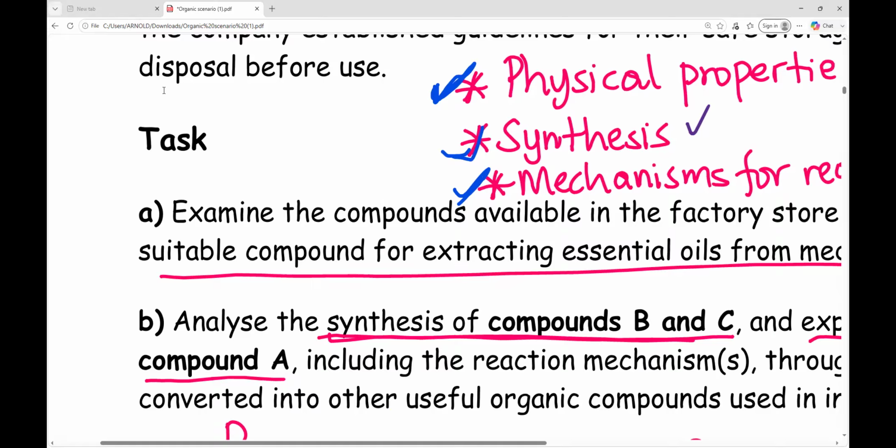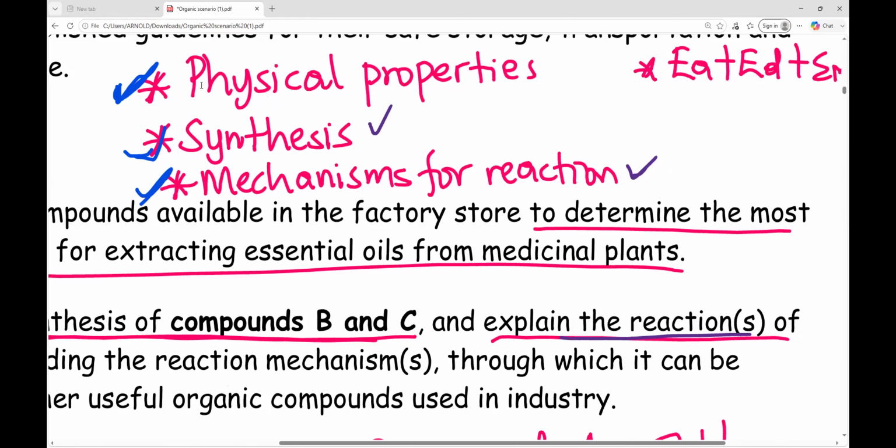No. This information is dynamic. It is not in equilibrium, so it keeps on changing. That's why part B is saying analyze synthesis of compounds B and C. Those are two compounds. Outline two mechanisms for the reactions.